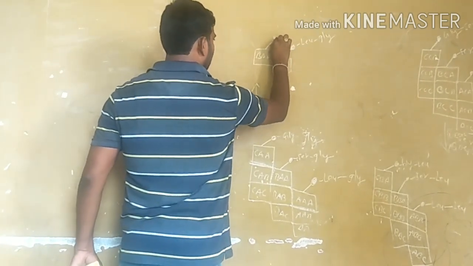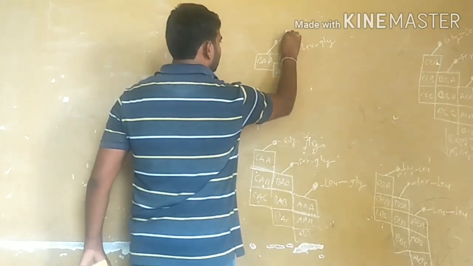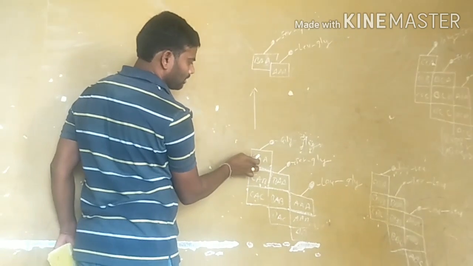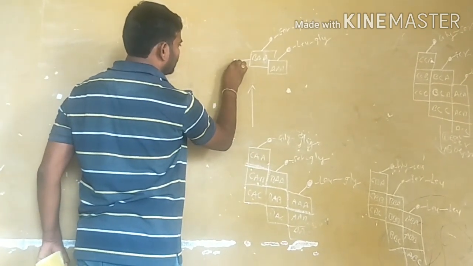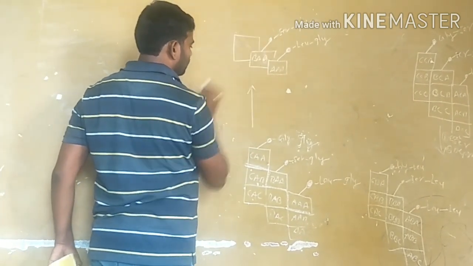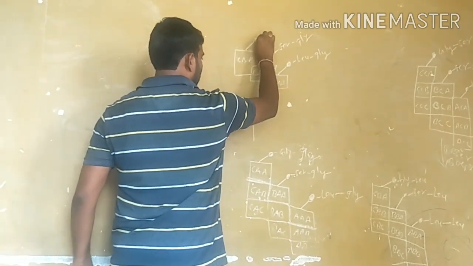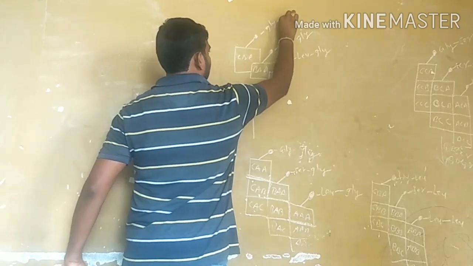This is attached to the serine glycine, and this third, bottom sheet CAA is attached to the glycine.